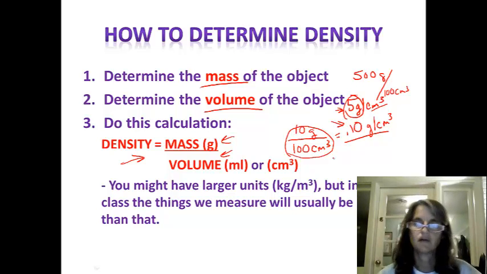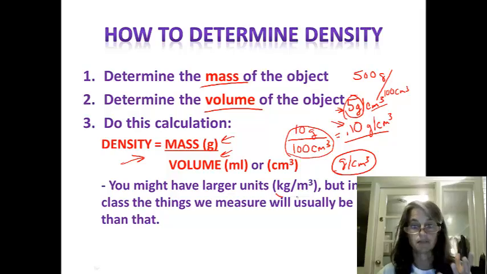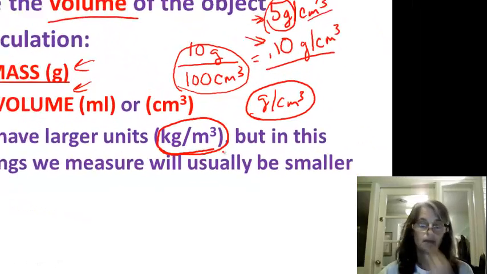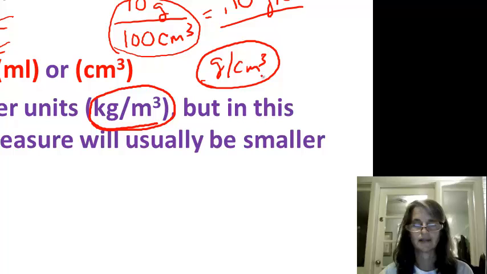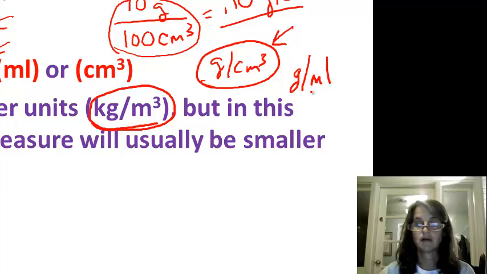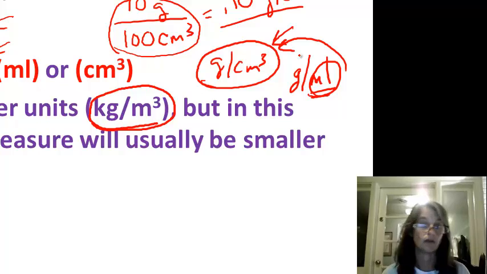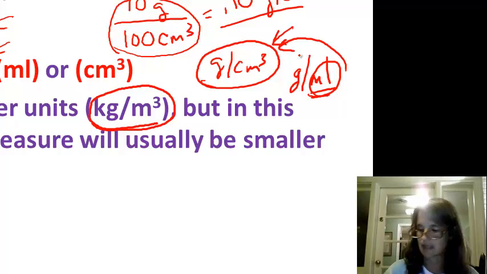Now please note, grams per cubic centimeter does not necessarily always have to be the units for density. If you're measuring something much, much bigger, you might use kilograms per meters cubed or something like that. But in our class, it is usually going to be grams per cubic centimeters or grams per milliliter, because remember, milliliters and cubic centimeters are equivalent units of volume, and they mean the same thing.